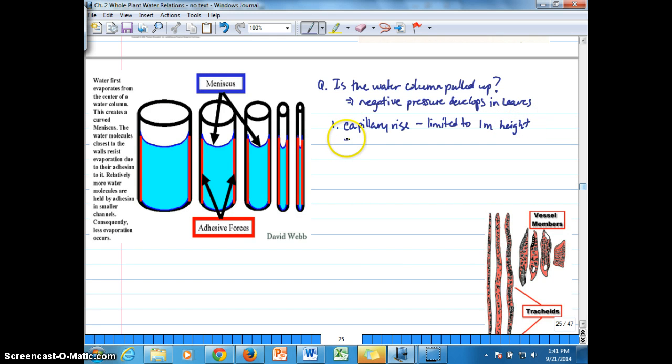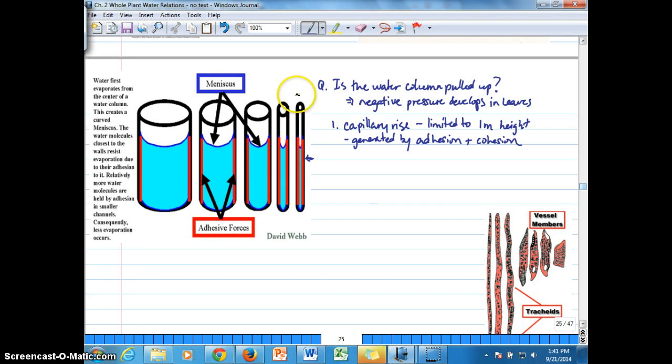But it's generated or driven by adhesion plus cohesion. Alright, so adhesion, remember, is the attraction, the hydrogen bonding, between water molecules and other molecules, such as the cellulose molecules in the cell membrane.